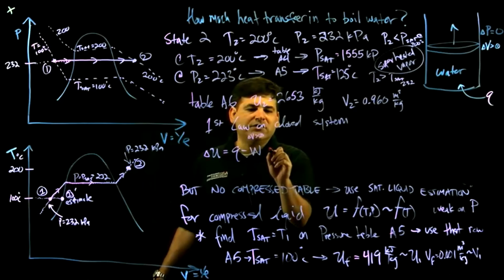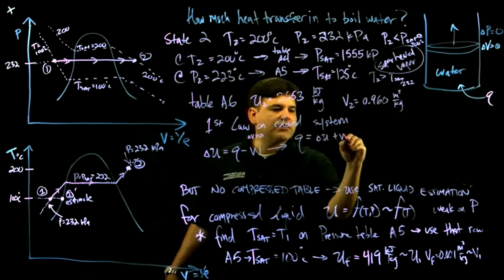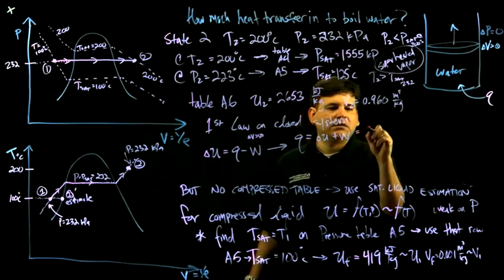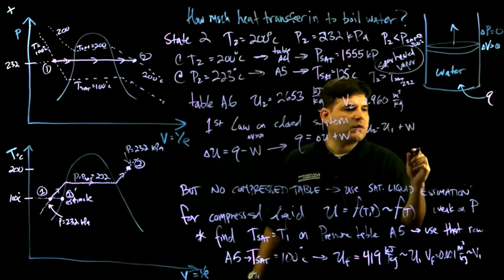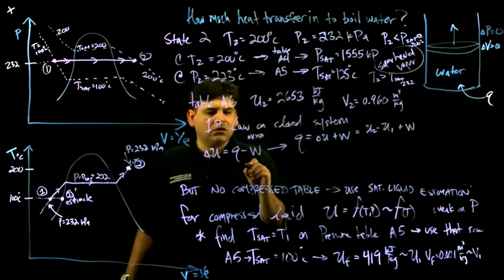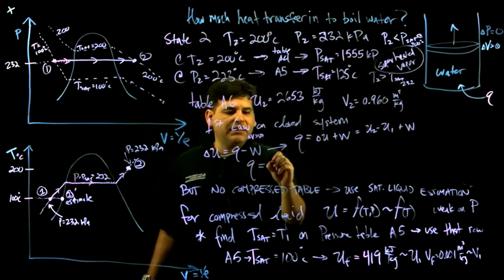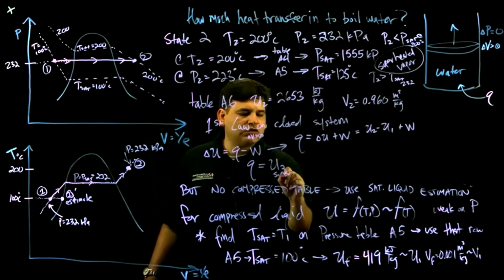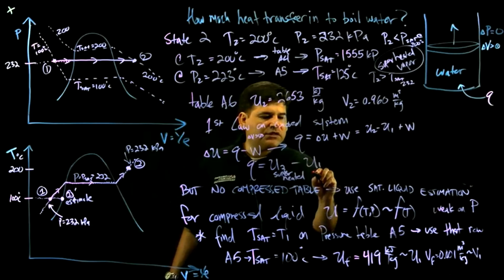So if we want to know the heat transfer, it's delta U plus W. Well, okay, we know delta U, this is U2 minus U1 plus W. And if we write this in more detail, Q equals U2, which is superheated steam, minus U1, which is what we estimated as a saturated liquid.